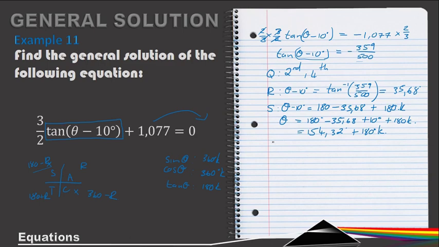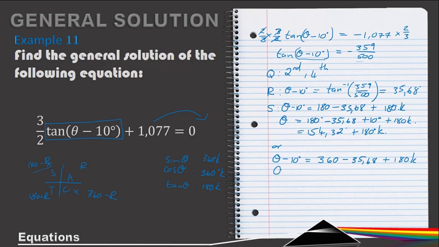Right, then the other solution, theta minus 10 degrees will then be equal to, for the fourth quadrant we use 360 minus our reference angle, so 360 minus 35,68 plus 180k.